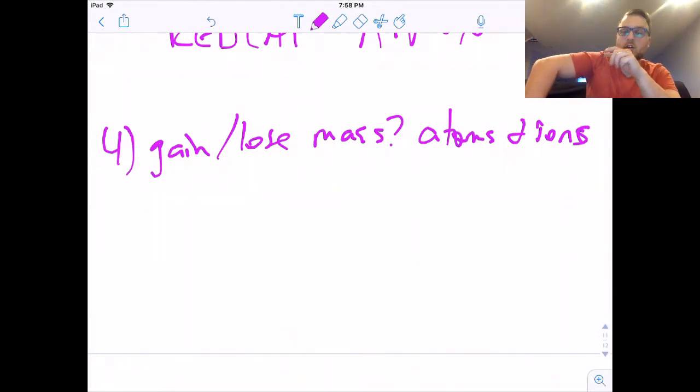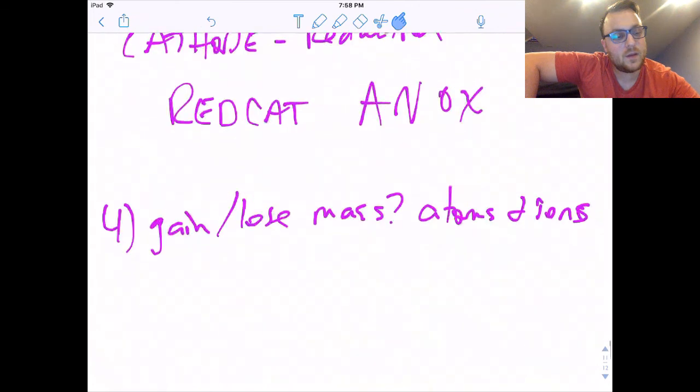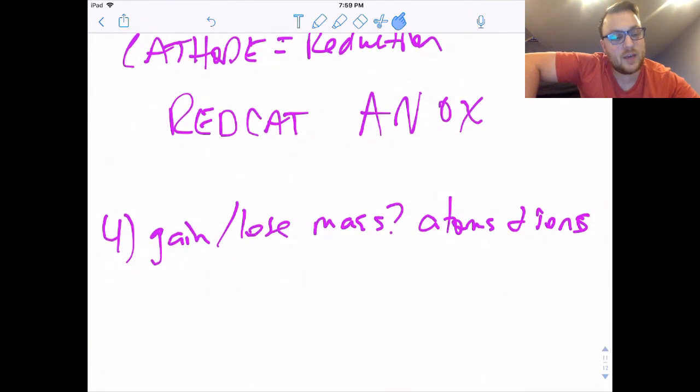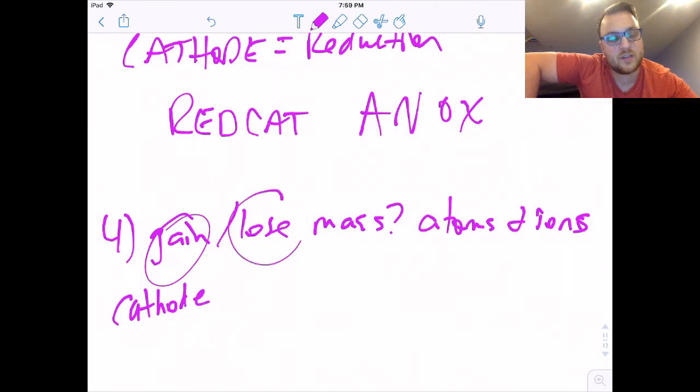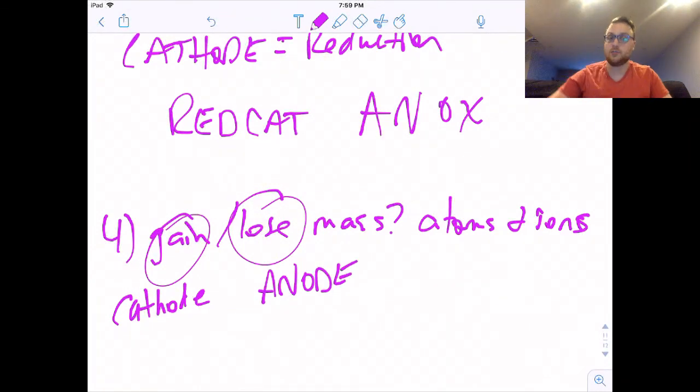So, generally speaking, who's gaining is always going to be the cathode, not because it's gaining electrons, and who's losing mass is usually going to be the anode. And again, not because of the electrons. Electrons essentially weigh nothing. The electrons are causing something else to happen, but that's not happening because it's gaining electrons.